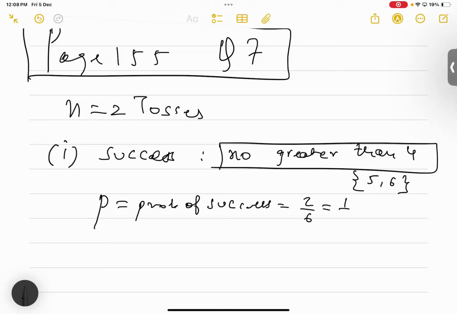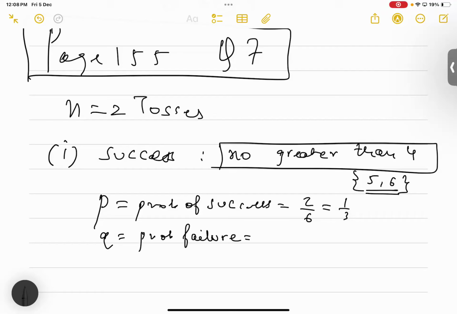2 by 6, 1 by 3. How many numbers in a single toss are greater than 4? 2. Out of how many events? 6. It's a dice, right? So 2 out of 6, 1 by 3. Guys, you can speak up if you're not able to understand. Q is probability of failure.